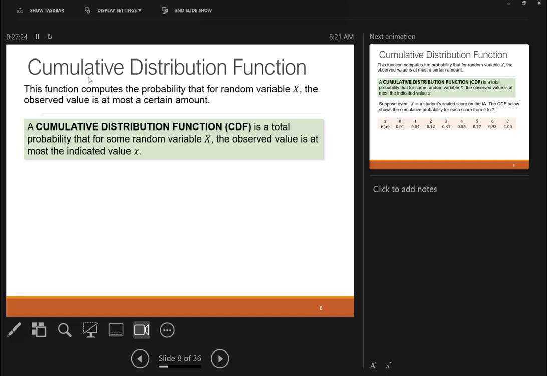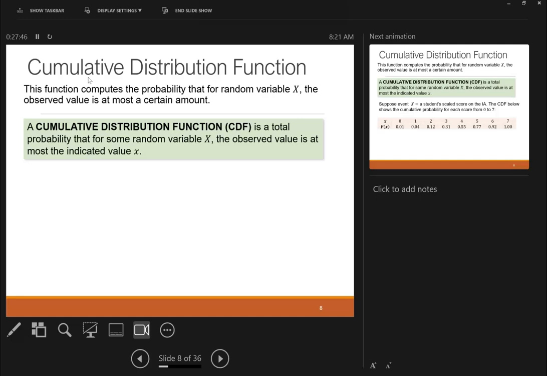So the next thing we're going to talk about is a special kind of function on random variables called a cumulative distribution function, or a CDF. We'll often abbreviate a cumulative distribution function as a CDF.